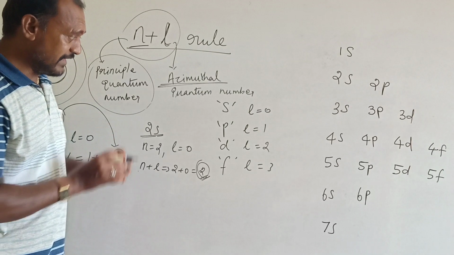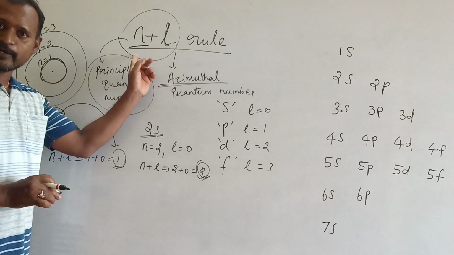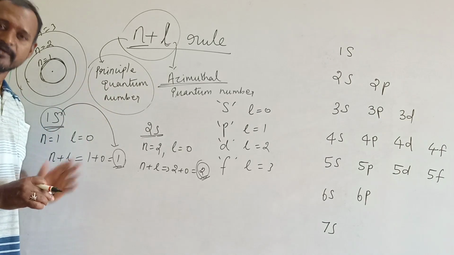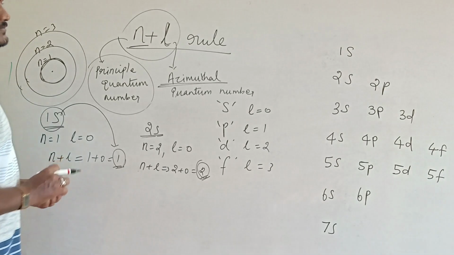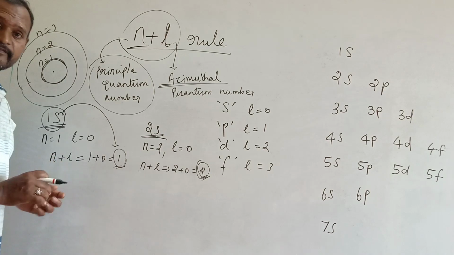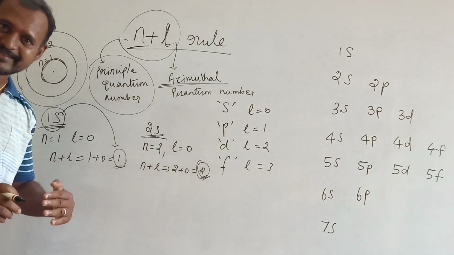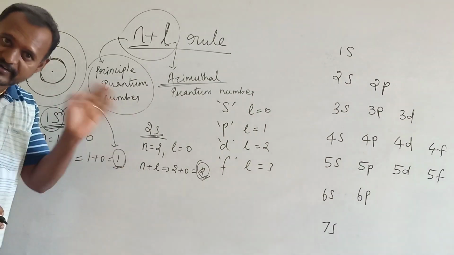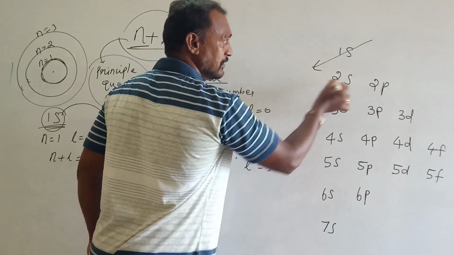Okay, so we can find the energy of orbitals or subshells by knowing the n plus l value. Are you clear now? Good. Then for 1s and 2s, which should be filled first according to the Aufbau principle? Orbitals are filled with electrons in the increasing order of energy. The orbital with the lowest energy is filled first, isn't it? So 1s will be filled first, and then 2s.